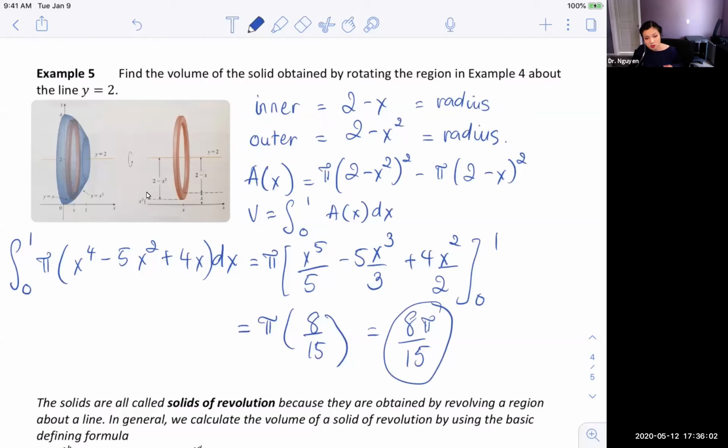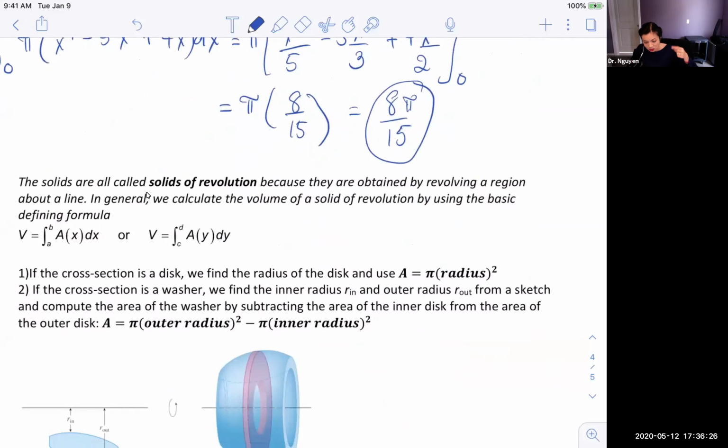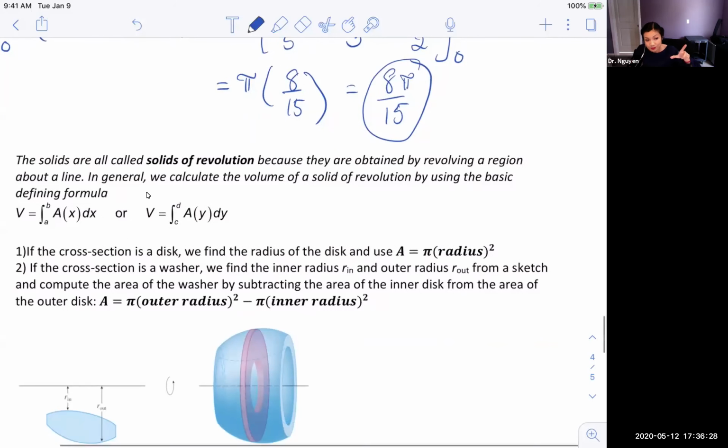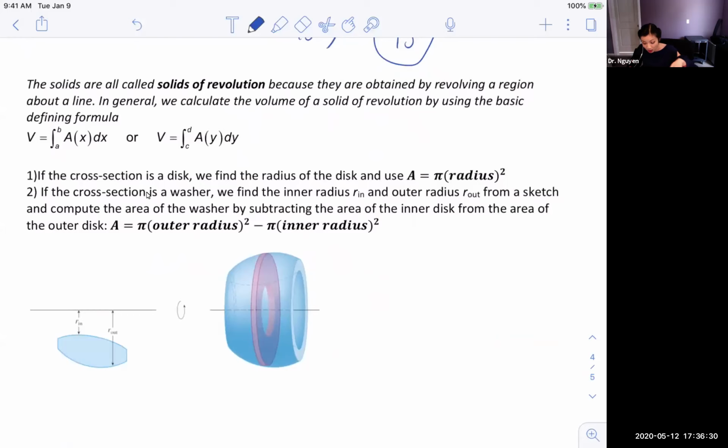All right, so as you can see, we create solids. Those solids are called solids of revolution because they are obtained by revolving a region about a line. Earlier we had the line y equals 2. Previously, we had the x-axis. As you can see, you either get a disk or you get a washer.